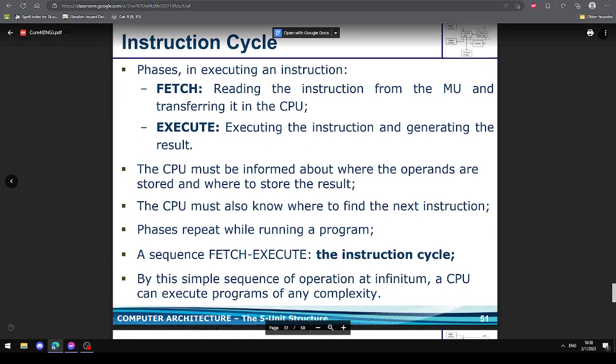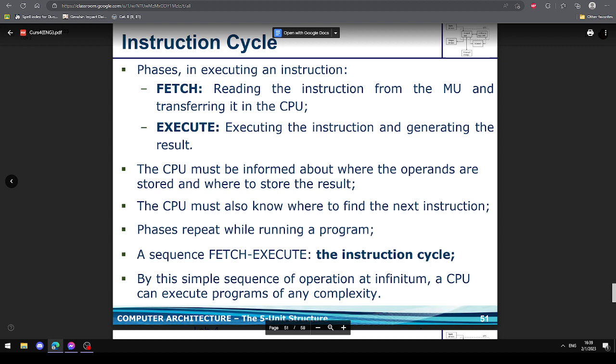Phases in executing an instruction: fetch, reading the instruction from the MU and transferring it to the CPU; execute, executing the instruction and generating the result. The CPU must be informed about the operands, where the operands are stored, and where to store the result. The CPU must also know where to find the next instruction.